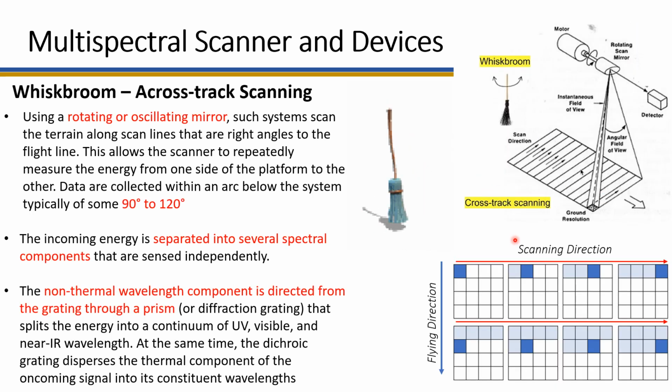Let's look at the whiskbroom, or across-track scanning. In this system, a single detector with a narrow field of view moves across the satellite track, scanning the terrain line by line. A rotating or oscillating mirror directs the detector's field of view across the scene. An example of satellites using this method is the Landsat satellites.